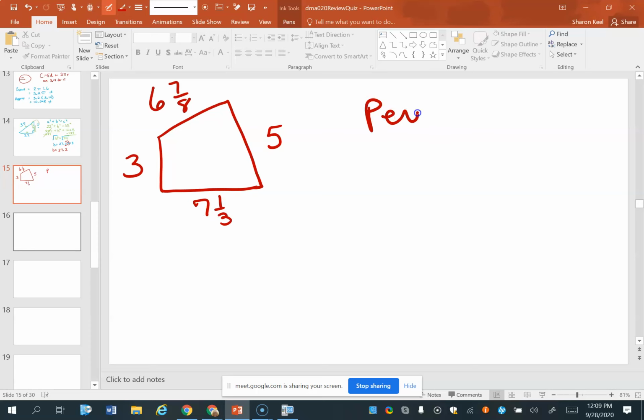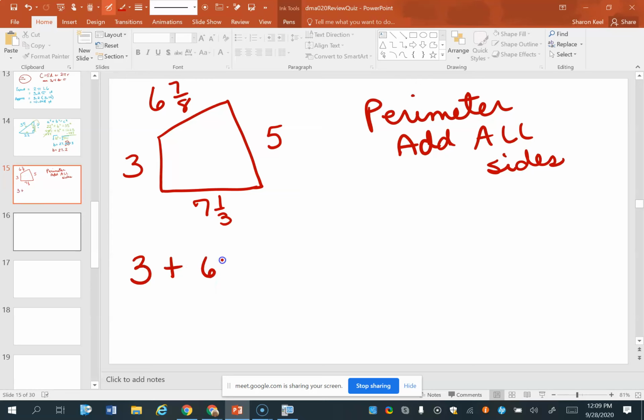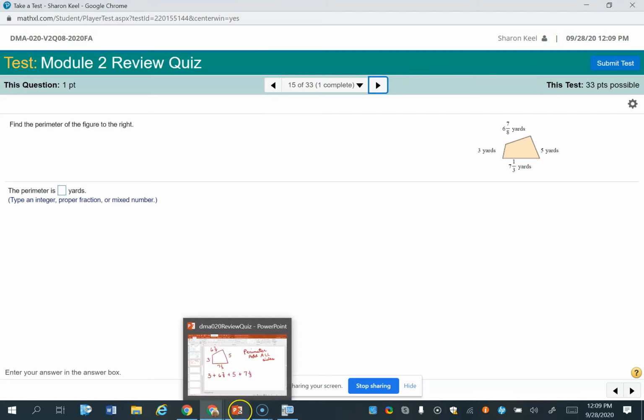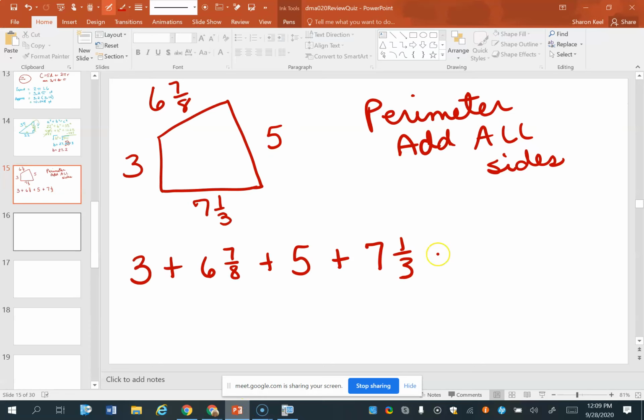If we're finding the perimeter, this is one of those formulas you need to know, but it's simply to add all of the sides. So we're going to add 3 plus 6 and 7/8 plus 5 plus 7 1/3. Also, it says type it as an integer, proper or mixed number. So this one obviously is going to become a mixed number.